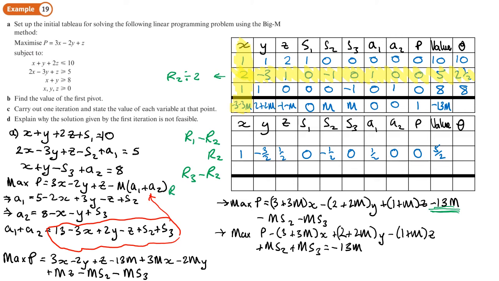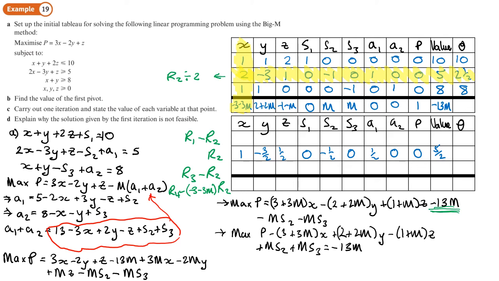So row 4 plus negative 3 minus 3m lots of row 2. Actually, that should be minus, shouldn't it? Which is basically the same as saying row 4 plus 3m, or 3 plus 3m.